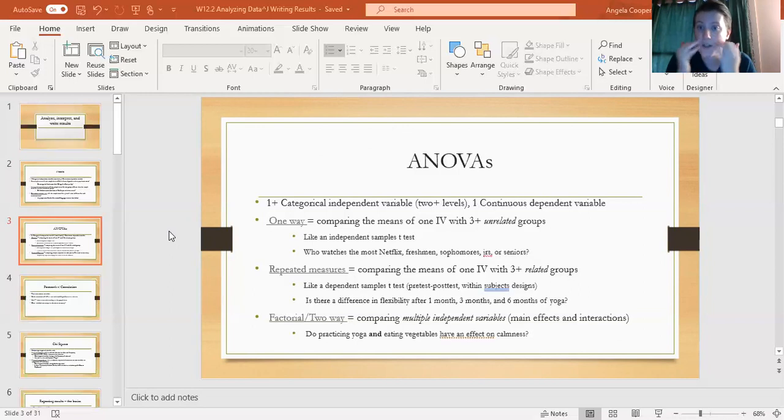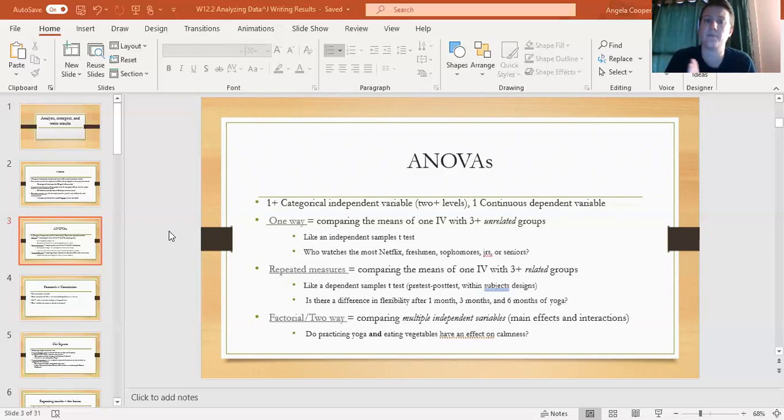You guys aren't registered for 2 of the same class in the same semester. So those would be unrelated groups because there's no overlap. There is no student who is in my class as well as Greenwood's class, as well as Dr. Price's 144 class in spring of 2020. So these are independent. It's similar to an independent samples t-test, except now we're just tacking on an extra group, an extra condition.